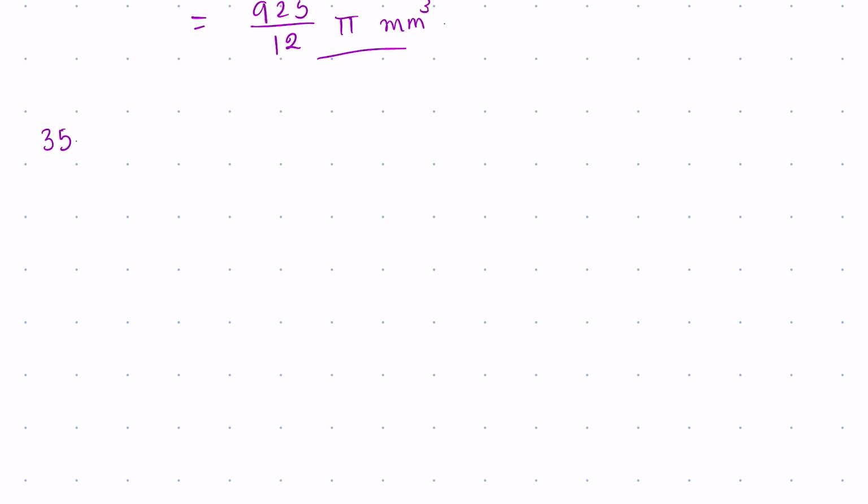It's a probability problem. One card is drawn from a well shuffled deck of 52 cards. Find the probability of getting, the first question, a king of red color.